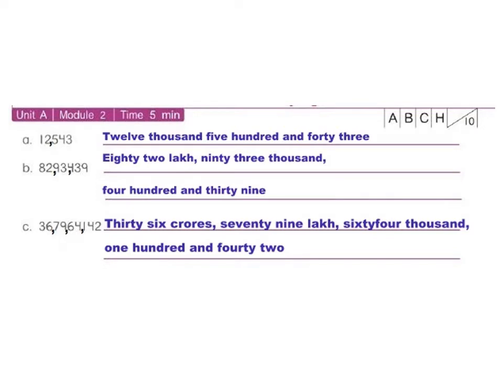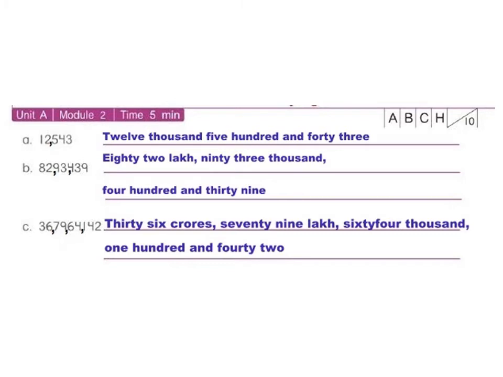The first question, there will be only one period, so the number will be 12,543. The second one, there will be two periods, so there will be lakh, thousands and ones place. So it will be 82 lakh 93,439.